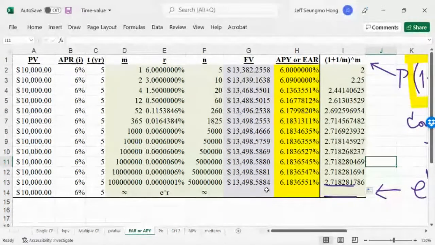Does it triple, quadruple, and quintuple? No. Within 1 year, there's a limit to what it can do. It's going to increase, but as the compounding frequency goes up, it reaches a certain limit.